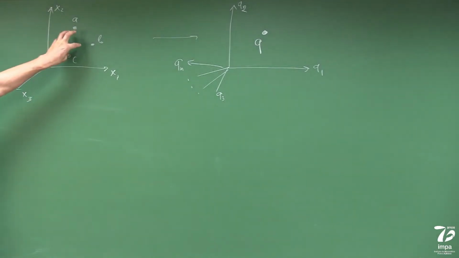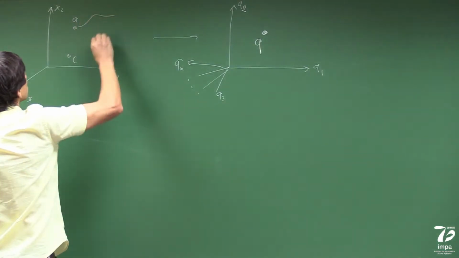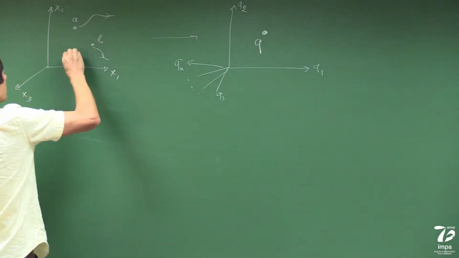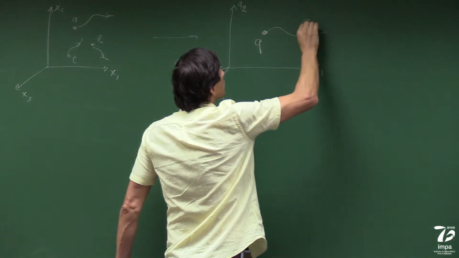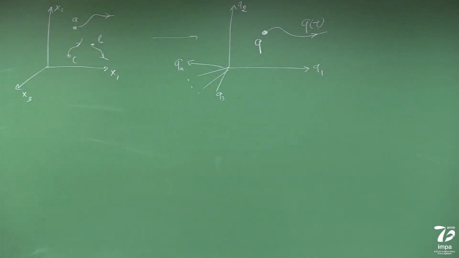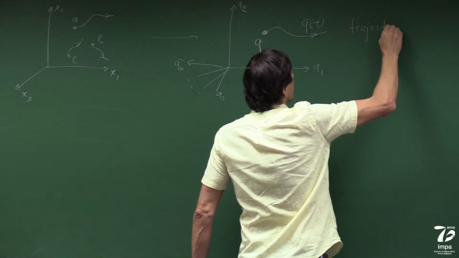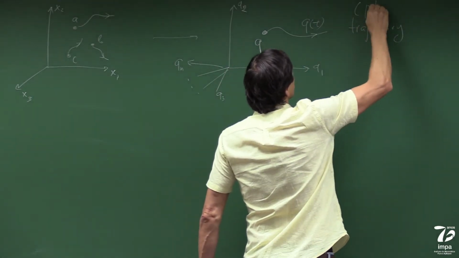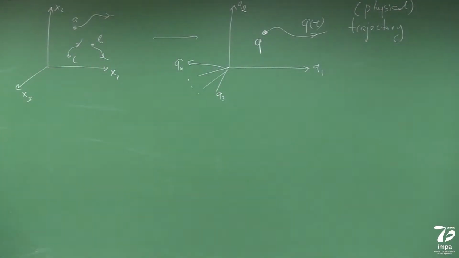So a collection of points means 1 point in n-dimensional space, and the motion of a system where each particle moves is just a single trajectory here. This we will call the physical trajectory. It's kind of clear, no? I hope.